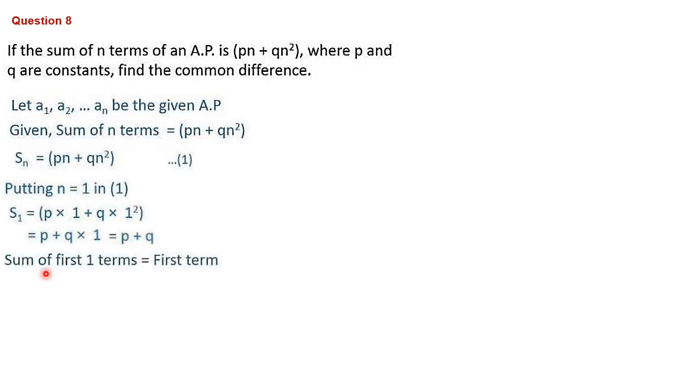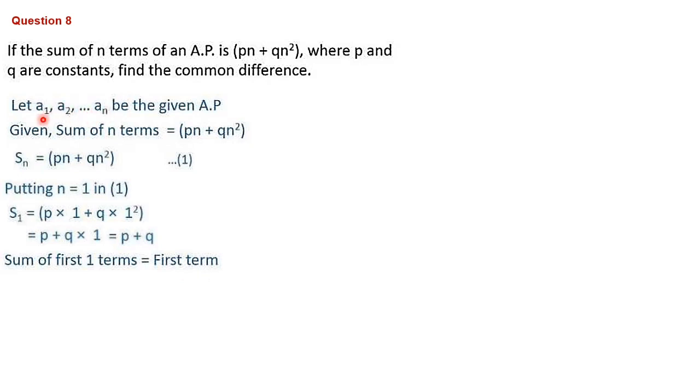That is the sum of the first one term. Sum of first one term means there is only one term, so there is nothing to sum. The sum of the first term will be equal to the first term of the AP. Here you see A1, A2, etc., An.